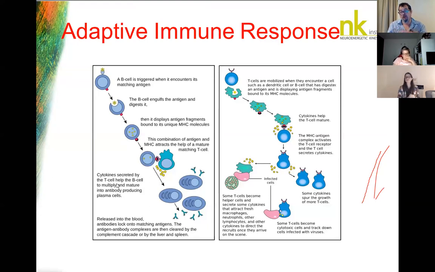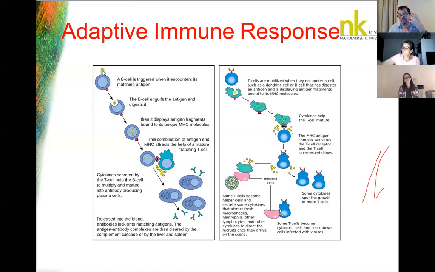So you get lots of these B memory cells and lots of these T helper cells, and they both only recognize this pathogen.